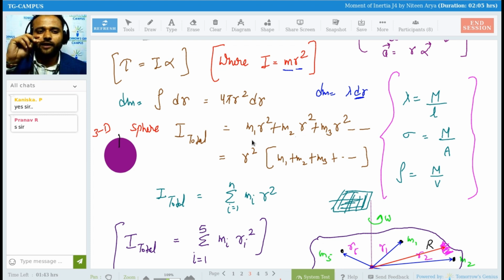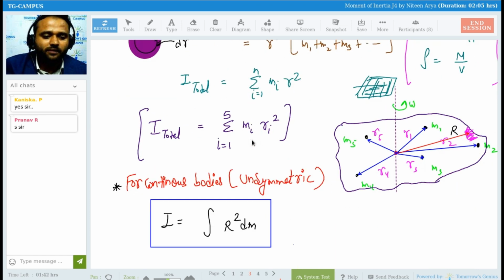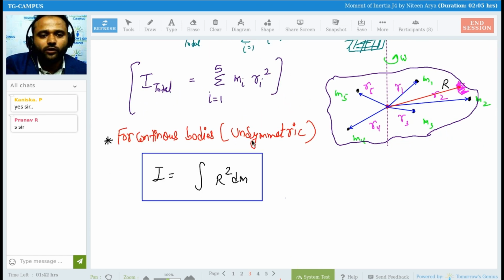Suppose this is the very minute thickness of this ball, which is dr. So the area of the sphere is 4 pi r square, and dr is the small thickness, and that is how I can find rho.